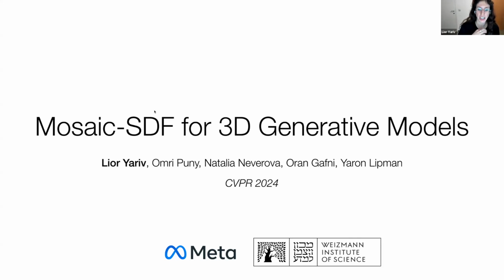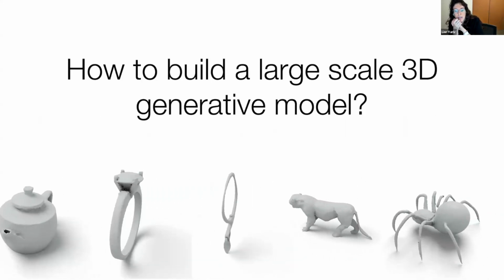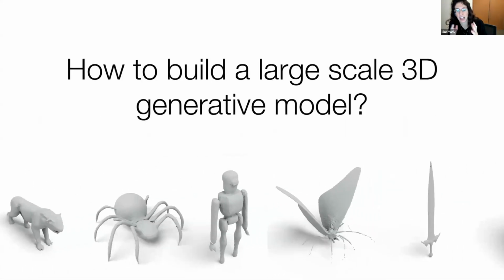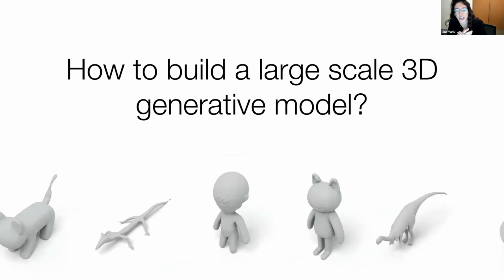generative models. And as I said previously, this work was done as part of an internship I did in Meta with these amazing collaborators. And I will present this paper also in the upcoming CVPR. So the big question that we had in this paper is how can we build a large-scale 3D generative model?